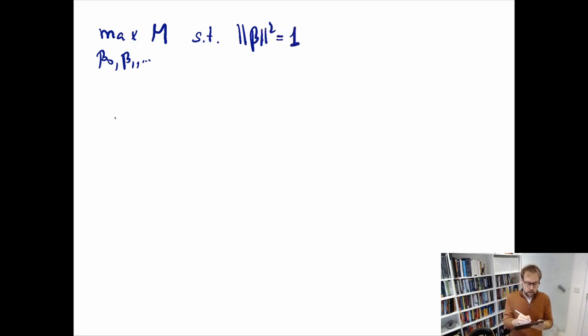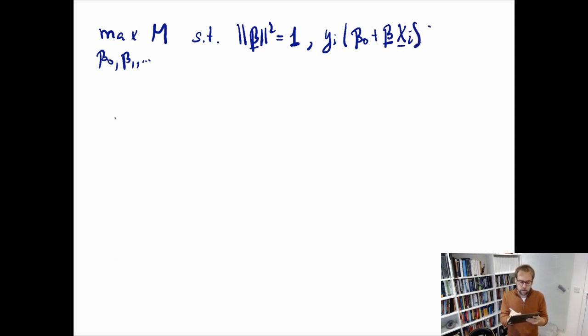This was mainly so that we could write down the main constraint, which was being on the right side of the margin. Being on the right side of the margin means that for every point i, we had to have y_i times (beta 0 plus beta vector times x_i vector), where x_i is the ith data point, be bigger or equal to m, where m is the margin.